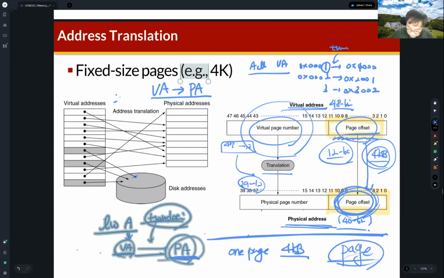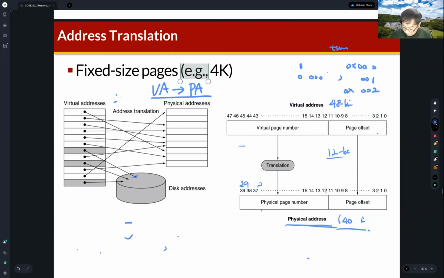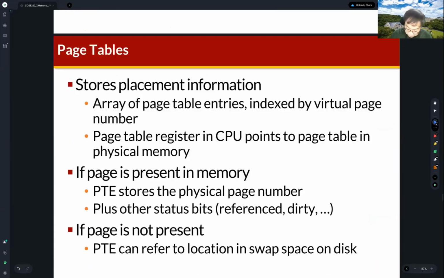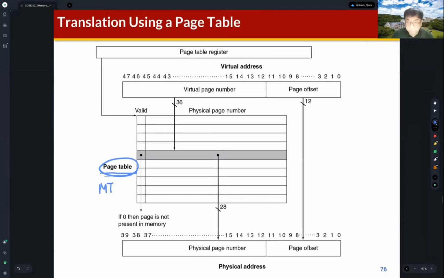So let's see the example. Okay, so let's start here. This is the example of the virtual address translation into physical address using the page table. Actually, this page table is the mapping table, okay? And this mapping table is managed by the operating system.